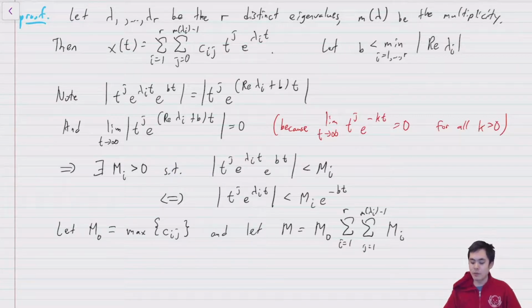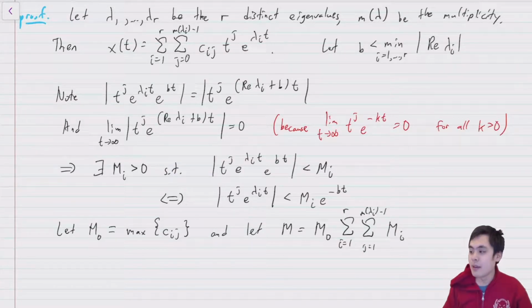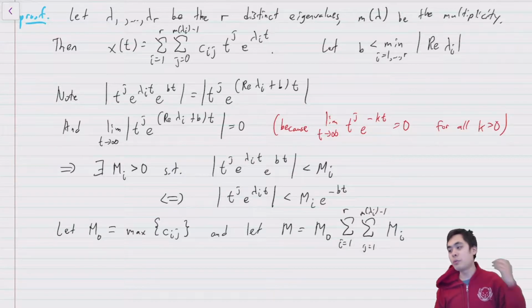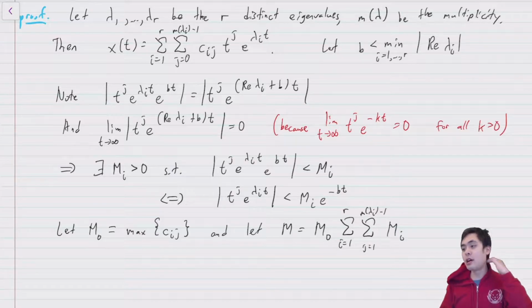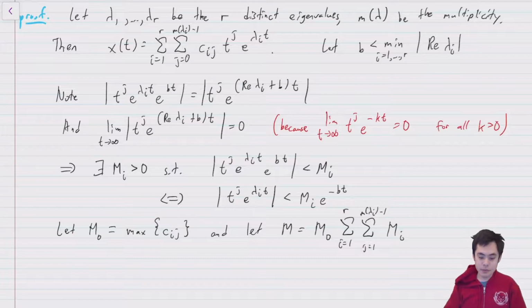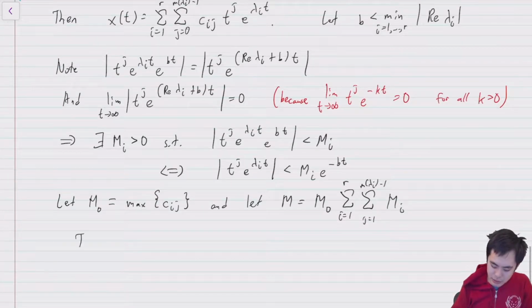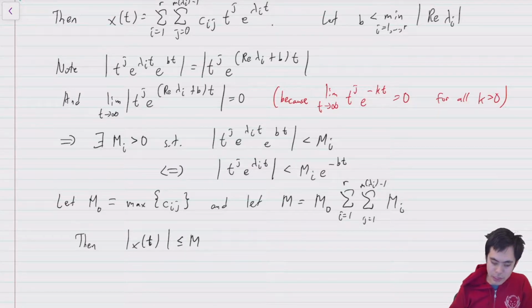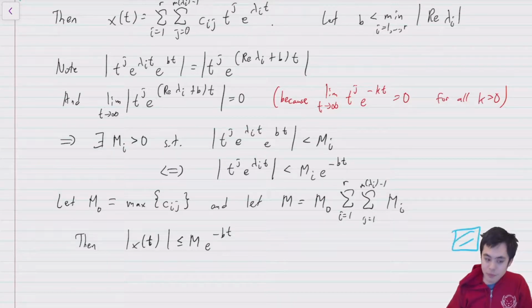So basically we're adding together all the mi's, and then we're multiplying them by some upper bound on the coefficients, ci's. And once we've done that, then we know that x of t is less than or equal to m times e to the minus bt, which proves our theorem.